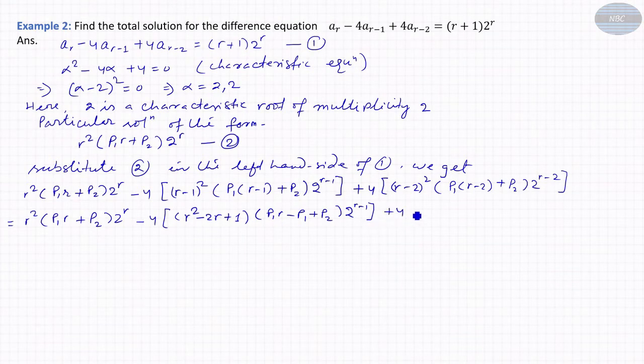Okay, similarly use the formula (a minus b) whole square. So we'll get r square minus 4r plus 4. So this is (p1 r minus 2 p1 plus p2), then 2 to the power r minus 2. Okay, so let us simplify more.